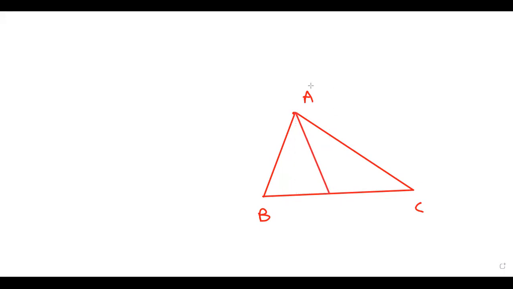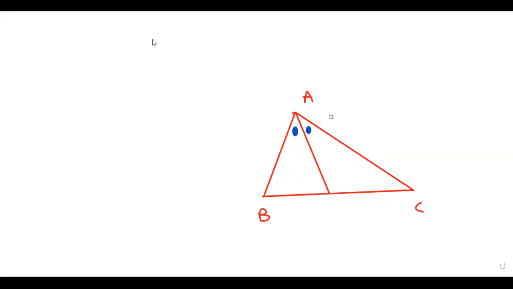This is the angle bisector, so the size of this angle is equal to the size of this angle.